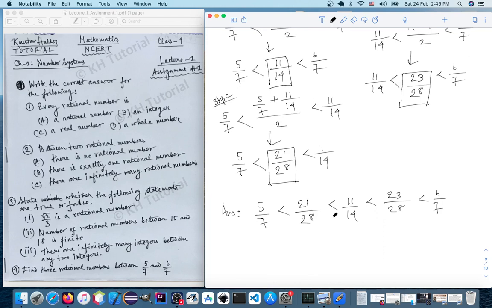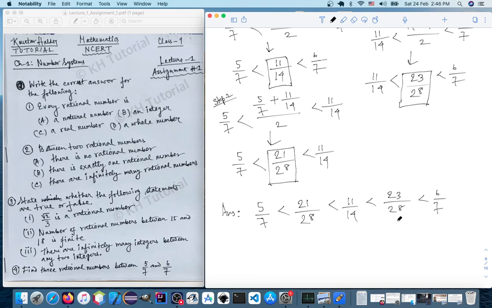So the given rational numbers were 5 by 7 and 6 by 7, and we have found in the middle these three rational numbers, which are 21 by 28, 11 by 14, and 23 by 28. Okay, hope you have understood this.